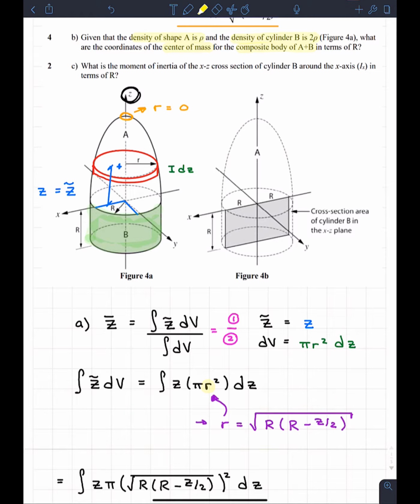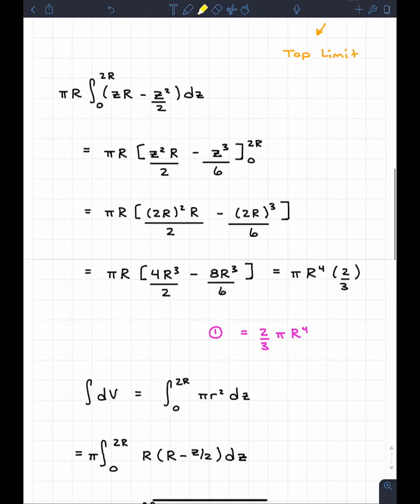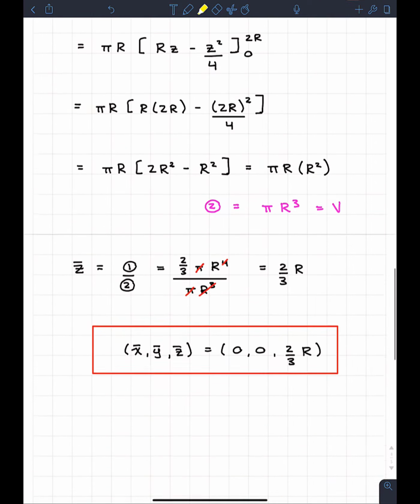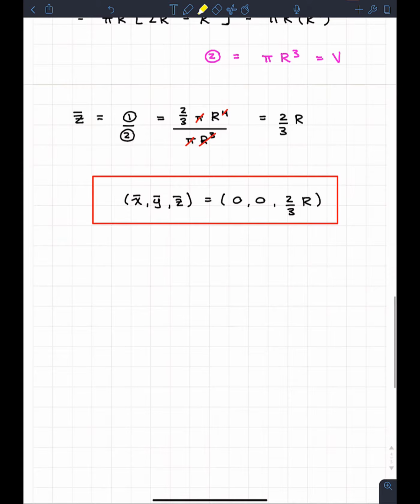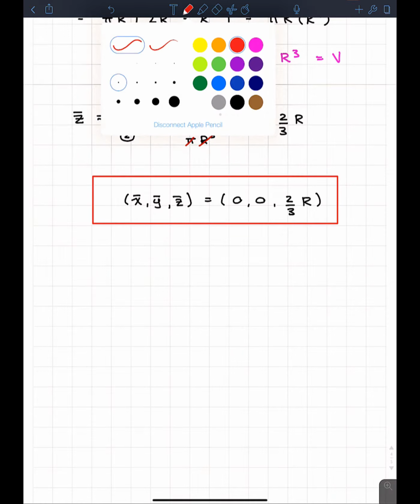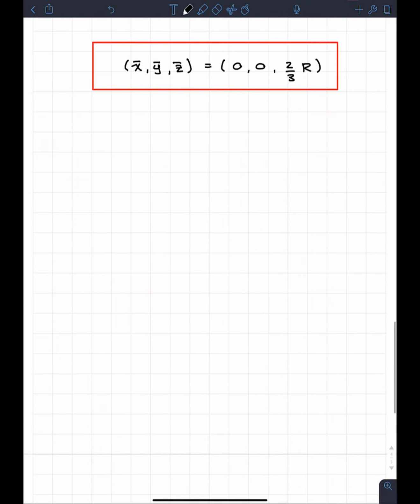And one of the things that we're going to have to take into account is that the cylinder B is heavier than the cylinder A because its density is 2 times the regular density. So coming down here, we're going to have to use our composite shape formula. So I'm going to start by going part B. And we know that for a composite shape, we can say that the center of mass z bar, and I don't know why they always name them z bars or x bars, because in the end they kind of mean different things, but you guys all get confused.